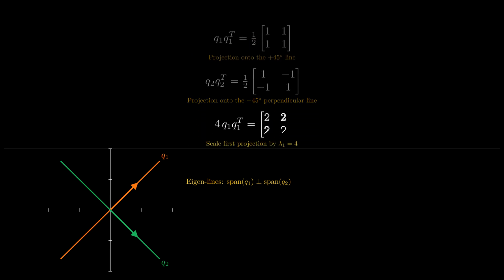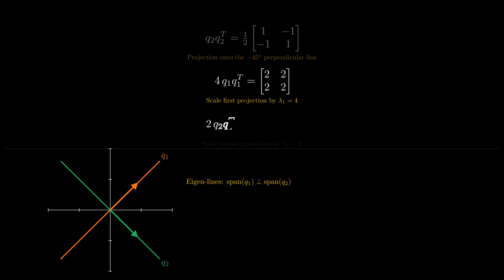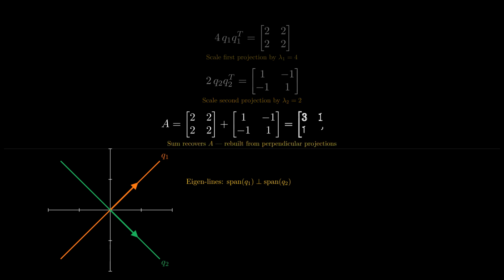Now scale. 4 times the first projection gives the matrix 2, 2, 2, 2. 2 times the second gives 1, -1, -1, 1. Add them together and we recover A: 3, 1, 1, 3. The matrix has been rebuilt from its perpendicular projection pieces.